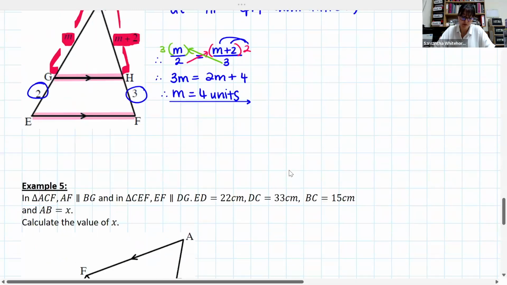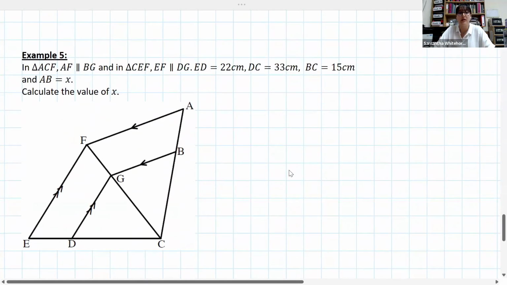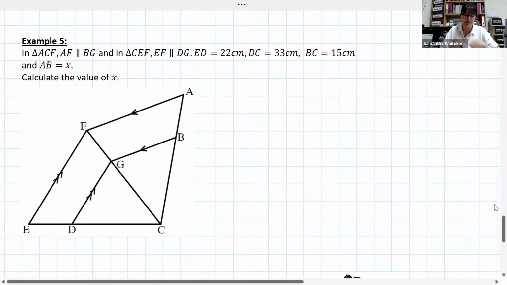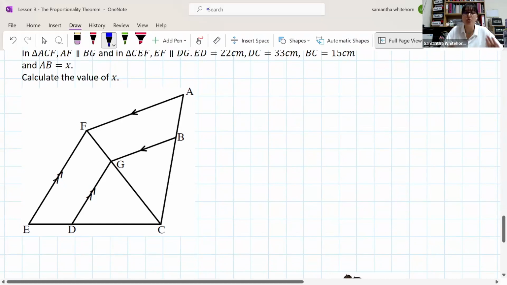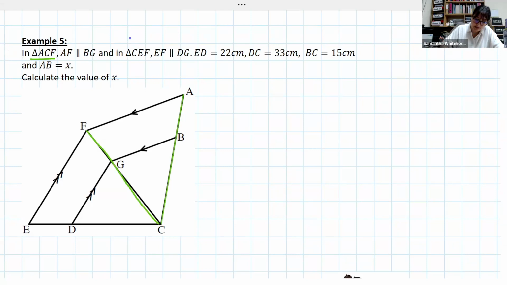Okay. So if we have a look at example 5, like I said, we've got two triangles here. Now, this is not something we need to be scared of. It's not something that needs to stress us out. It's not something that we now need to panic about. We just have to read our information really carefully, make sure we know what's going on. And this is where, again, use colors, highlight, do what you need to do to make it make sense. So we've got triangle ACF. ACF is this green triangle on the right-hand side of my diagram.